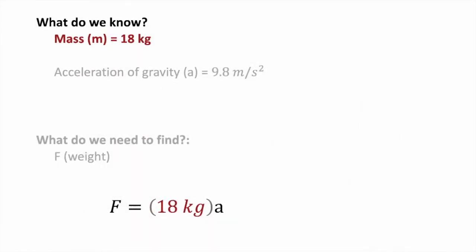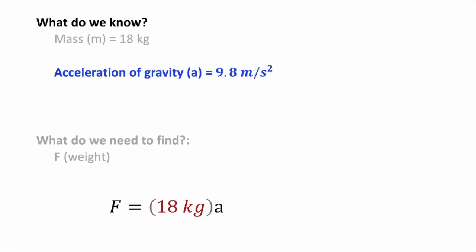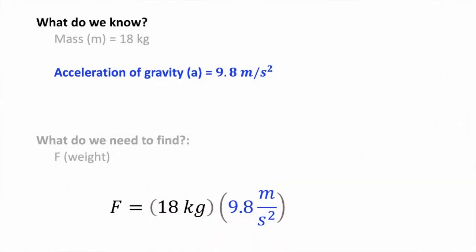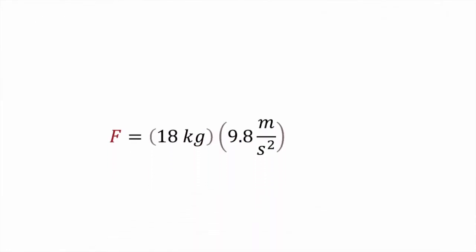Now we're going to take our acceleration due to gravity, that's little a, 9.8 meters per second squared, and put it in the equation where the lowercase a is. Now our equation looks like this. What we're going to do is multiply the 18 by the 9.8 and we're going to get 176.4. Our unit for force is newtons, and we're going to make sure to write that down here.